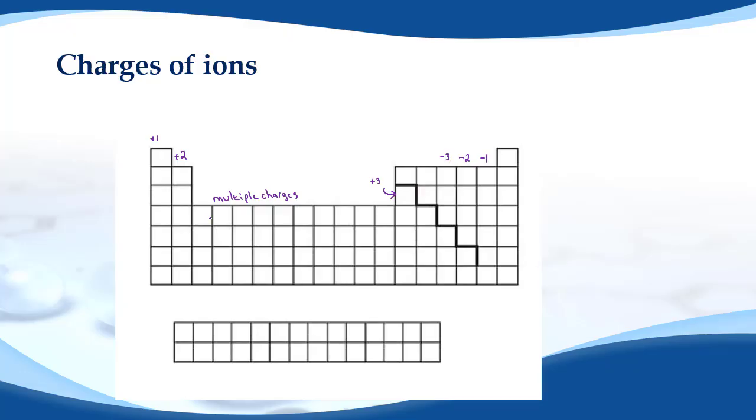Right, so for example, this right here is iron. Iron can be +2, +3, or +6. Right, so we come over here to like copper. Copper can be +1 or +2. Right, so they can have different charges. We'll work with them as we need to.